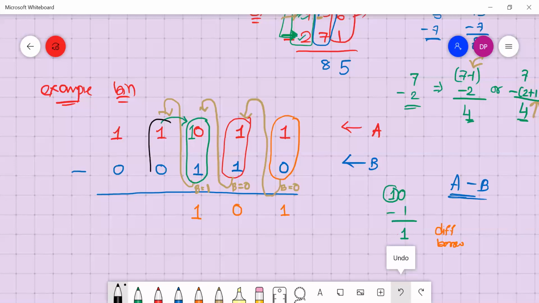Now the next subtraction is 1 minus 0. What do you have to do? You can see a borrow 1 is there. So if a borrow 1 is there, either you subtract 1 from this 1, or you add it over here.